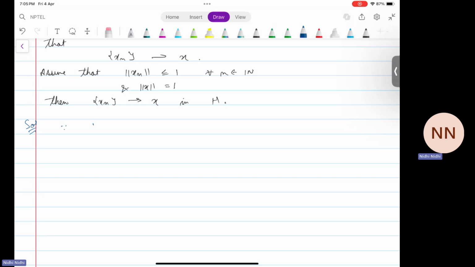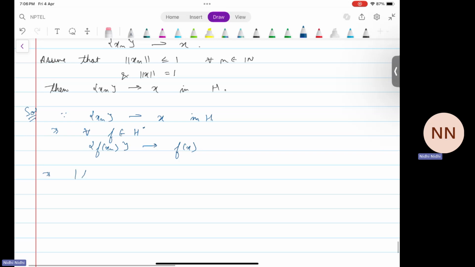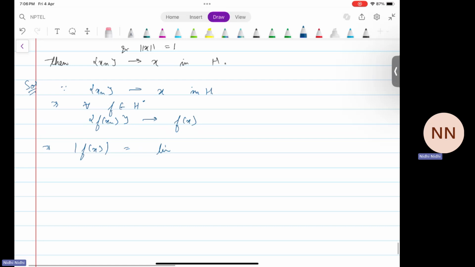Now, since Xn converges to X weakly in H, this implies for every bounded linear functional f in H star, the dual space of H, we have f of Xn converges to f of X. So this is just convergence in R. This implies modulus f of x is equal to limit as n tends to infinity of mod f of xn.